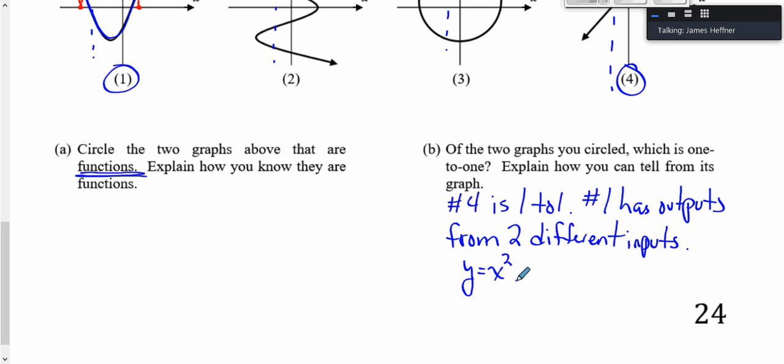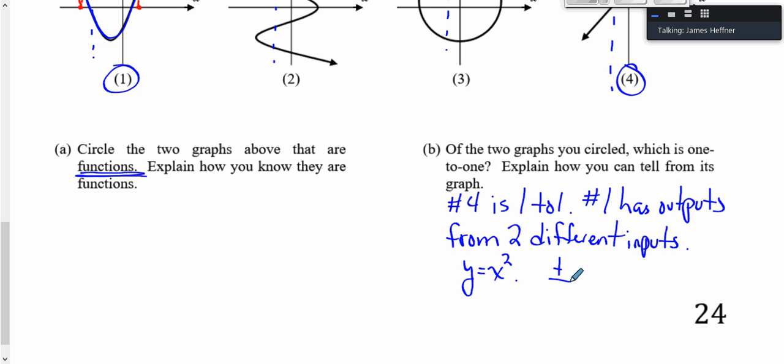How many answers? Oh, 2. Plus or minus, right? So that makes sense that you get a plus or minus answer every time you take a square root.